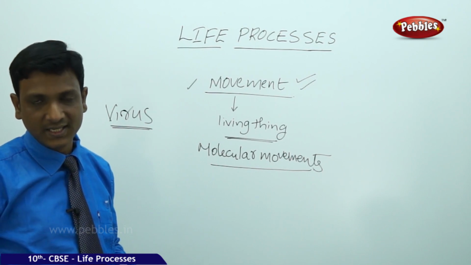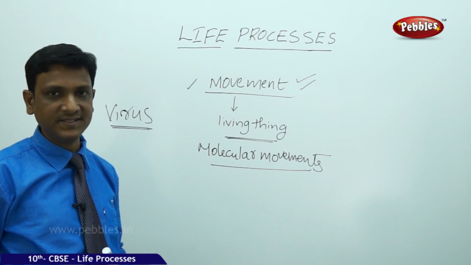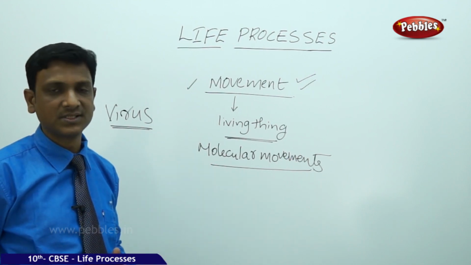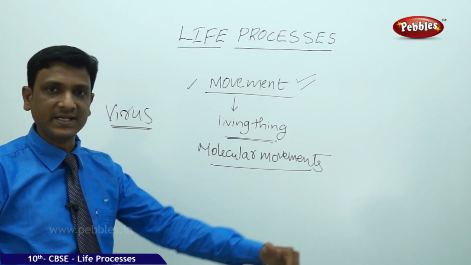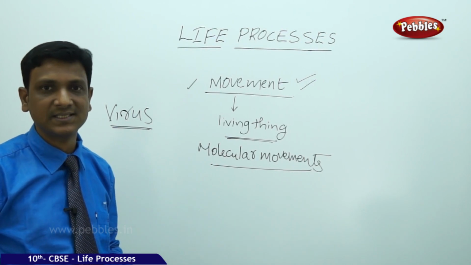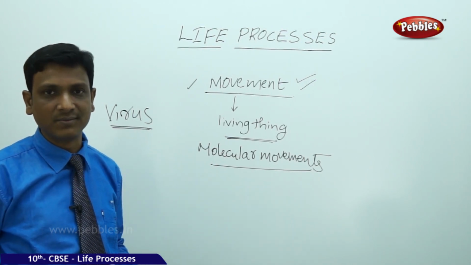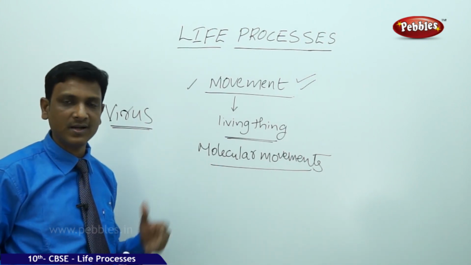So what do you say? Living or non-living? Many people consider it non-living as it is outside the living systems. It will be considered a living thing once it enters the living systems or cells. Because outside the cell, outside the living system, it's just a non-living thing. It doesn't possess any molecular movements.